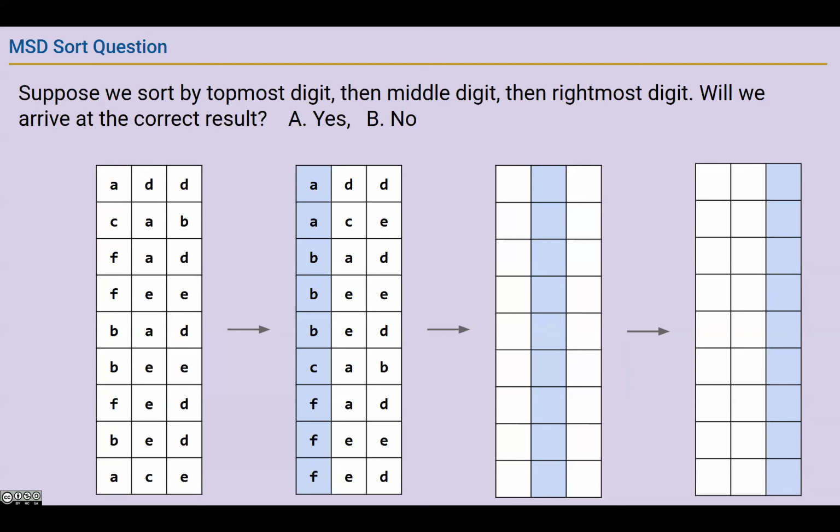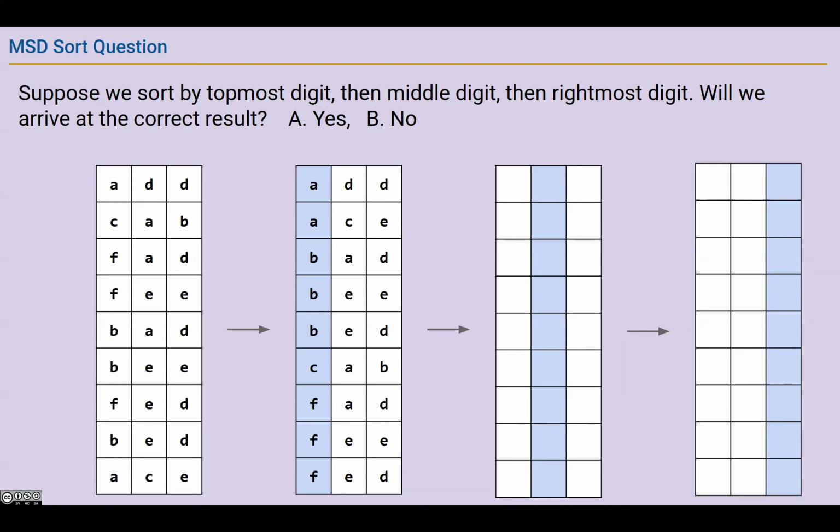Now, if we just do it directly, is this going to give us the right answer? How many people say yes? How many people say no? Can anyone explain why this is not going to give us the right answer? All right, in the interest of time, yeah.